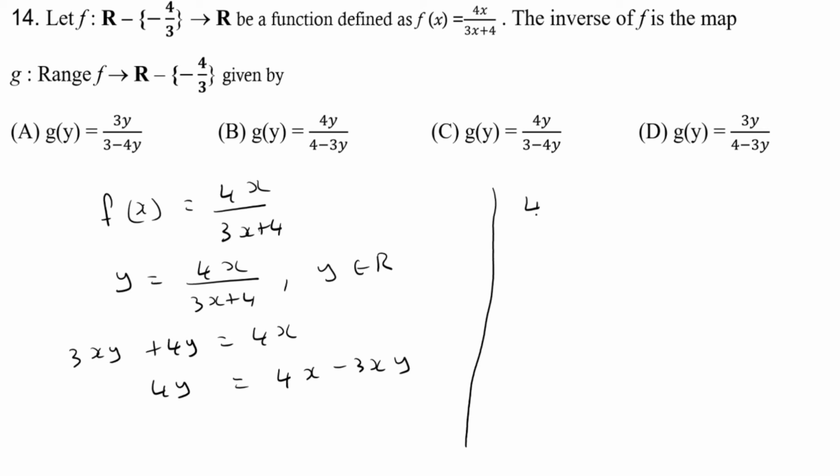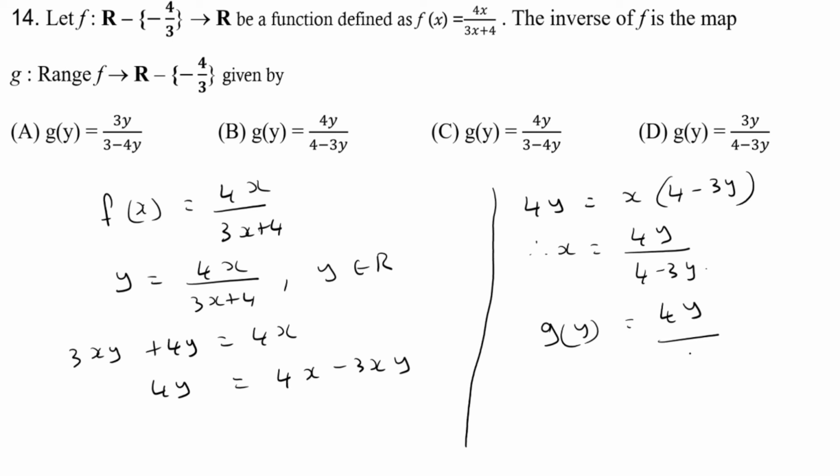So from this we get 4y is equal to x into (4 minus 3y). So therefore x is equal to 4y by (4 minus 3y). Which means we can define a function g from range f to R minus {minus 4 by 3} by g of y is equal to 4y by (4 minus 3y). So the correct option is option B, g of y is equal to 4y by (4 minus 3y).